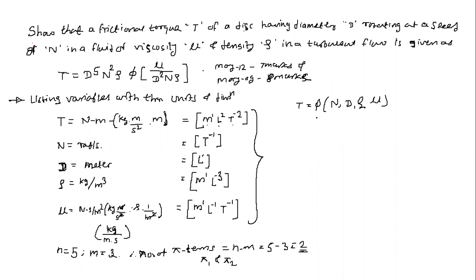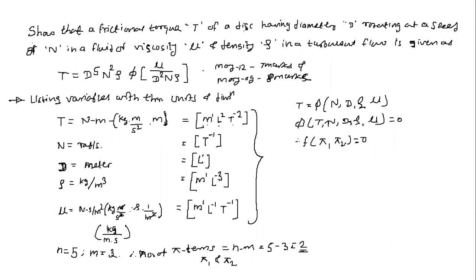That is the total functional relationship we can write here: f of T, N, D, density rho and viscosity mu is equal to 0. How many pi terms will we arrange this in? In two pi terms, that is, a function of pi 1 and pi 2 is equal to 0. Now we know how many pi terms we will be able to form here.